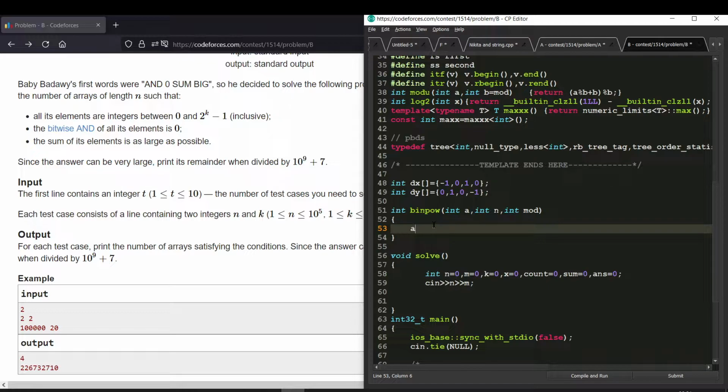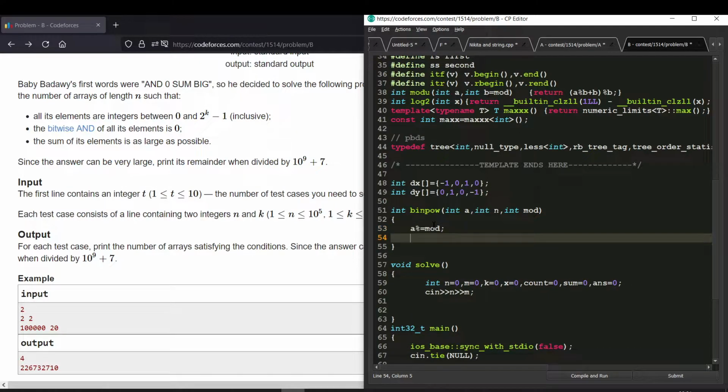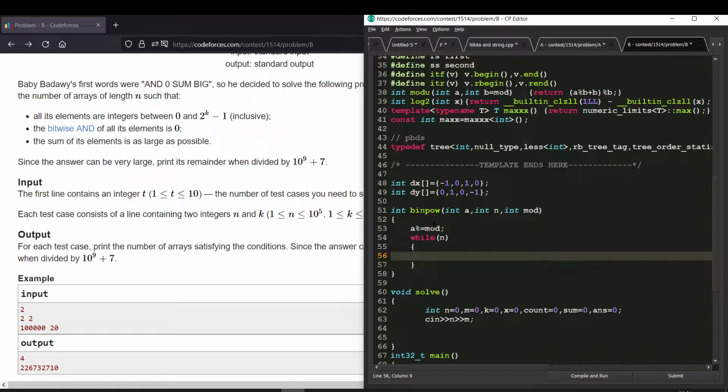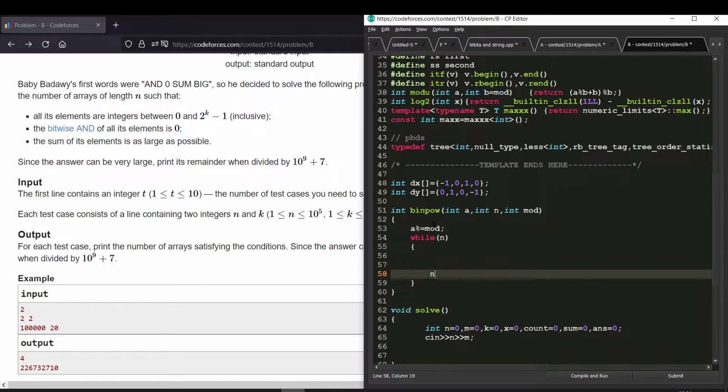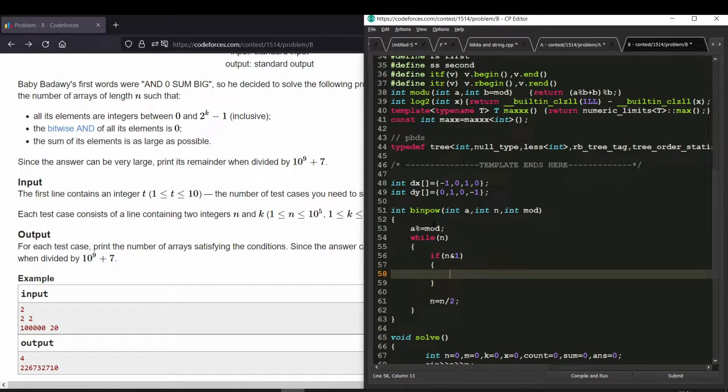So a modulo equals mod, and then until n becomes 0, we'll be doing n by 2 at each step, and if n is odd, we'll be multiplying a to the answer.